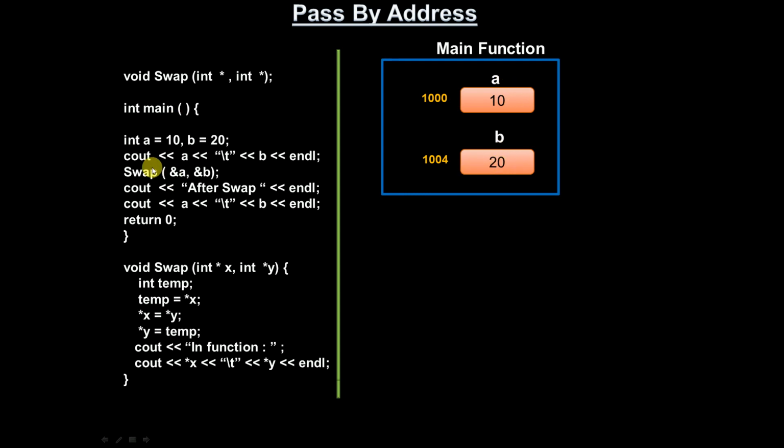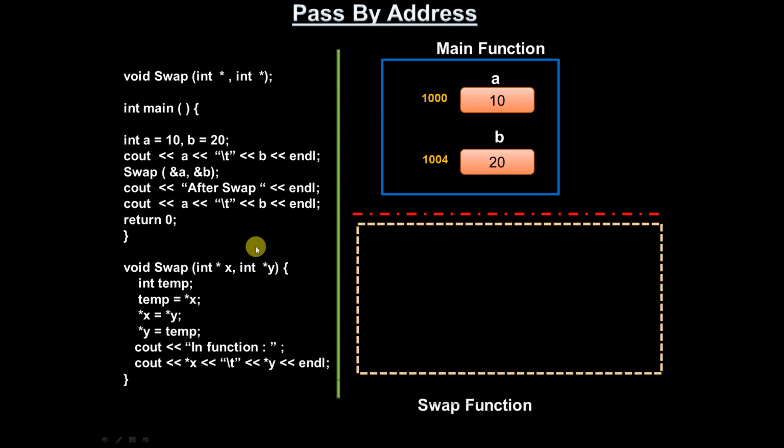Now we are going to print cout A B. What is the value of A? That is 10. What is the value of B? That is 20. Now we are calling the swap function. Whenever you call the swap function, a separate stack frame will be created for swap also. Now here we have pointer variables, int star x, and we are passing the address of A, that is 1000.